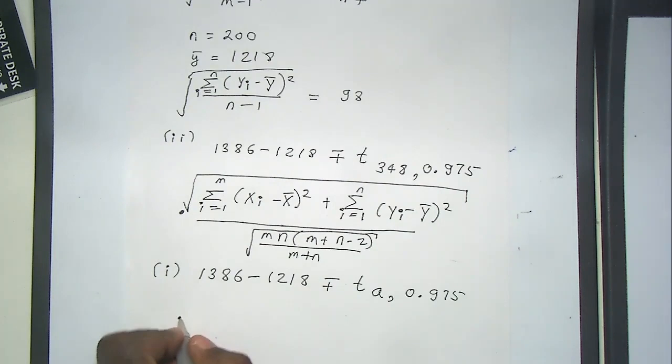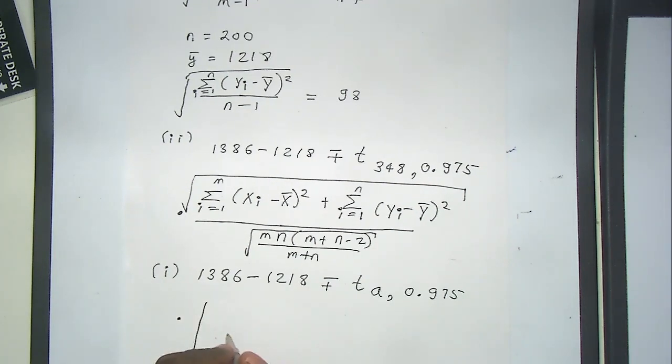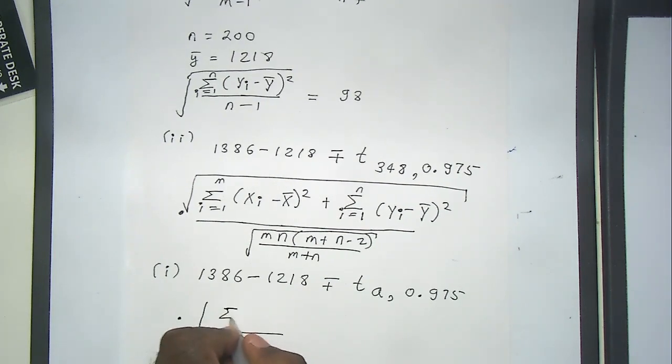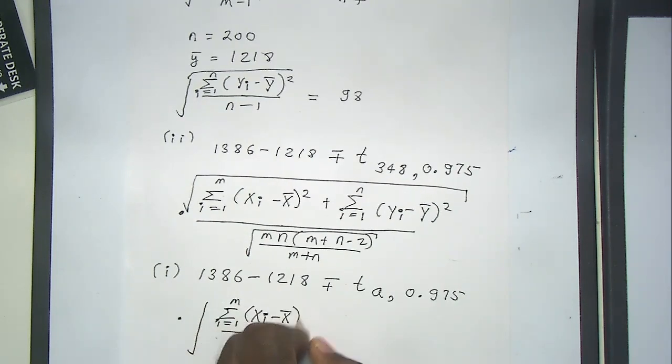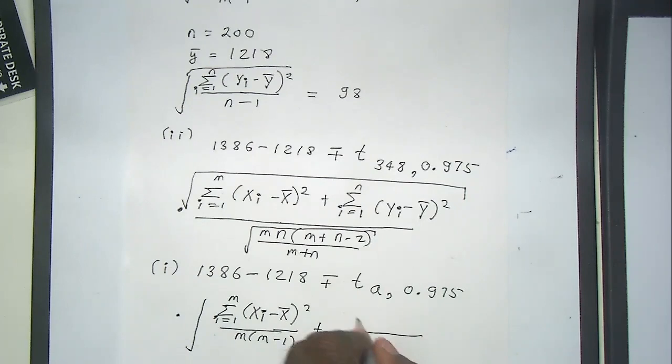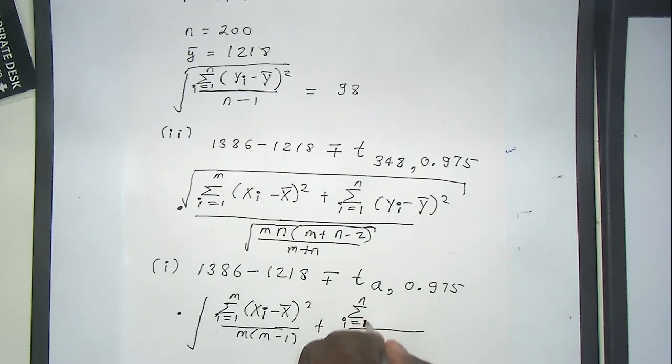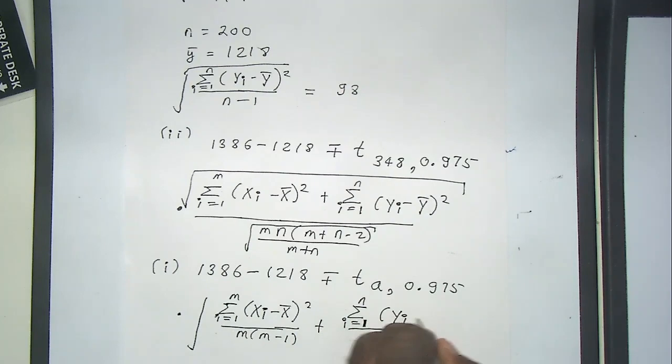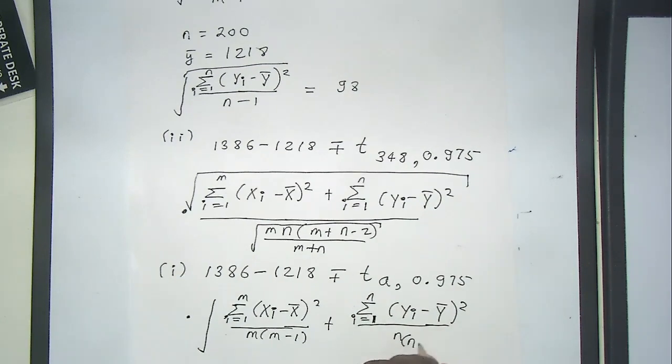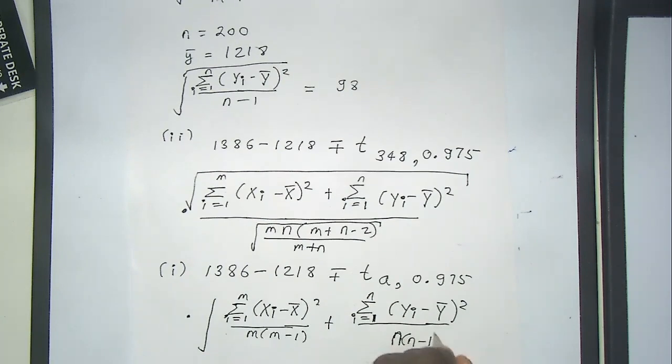And multiplied by this nasty expression here, which is n minus 1.